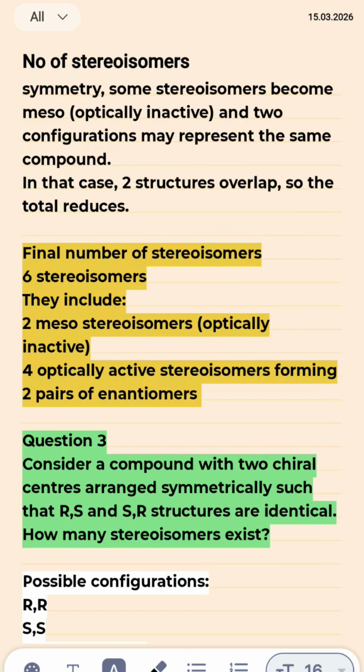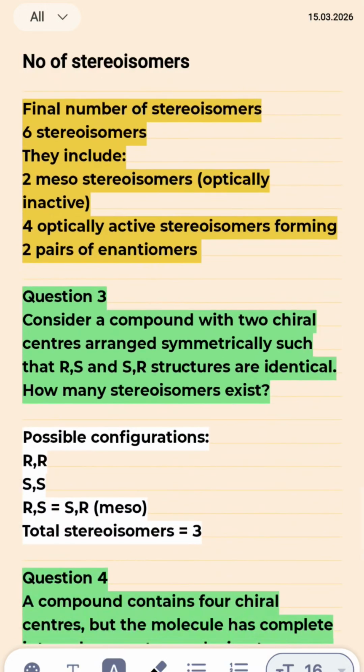The final number of stereoisomers will be 6, which includes the two meso stereoisomers which are optically inactive, and the 4 optically active stereoisomers forming 2 pairs of enantiomers. So 4 plus 2, you get 6.